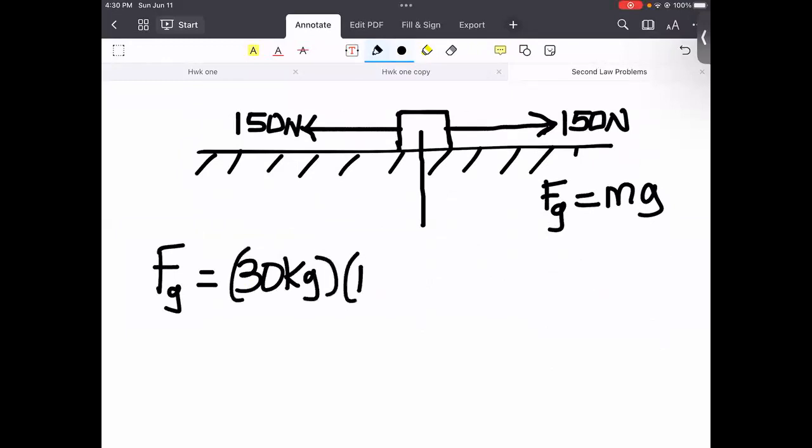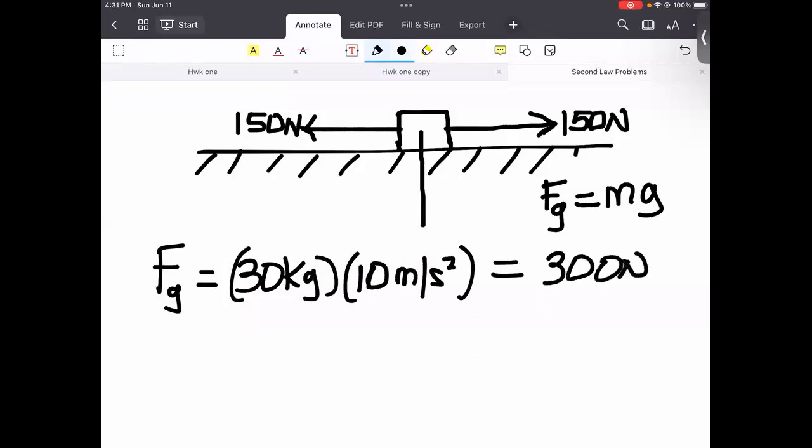I'm going to take it as 10. Usually it's 9.8 meters per second squared, but I'm going to use 10, which is a close number, and it actually makes life easier a little bit. So 10 meters per second squared. Right, so this gives me the gravitational force of how much? This will be 300 newtons.